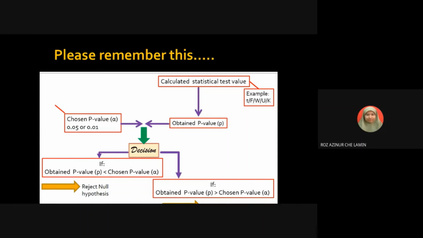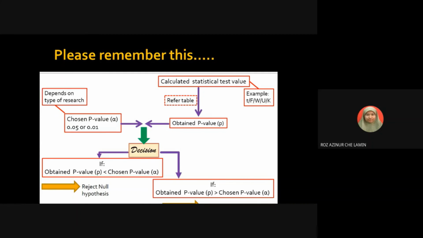This is very important: how you are going to decide whether to reject the null hypothesis or not. Please look at your chosen p-value and the p-value that you get. From here, you can make the decision.